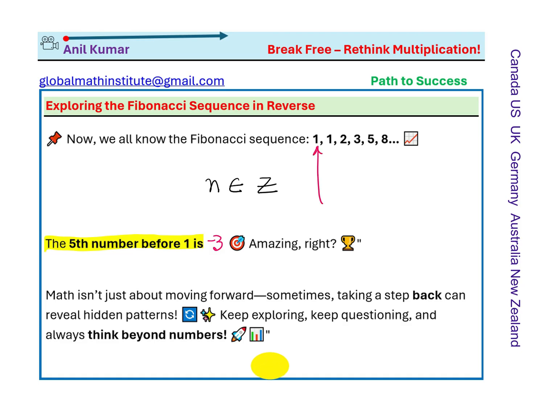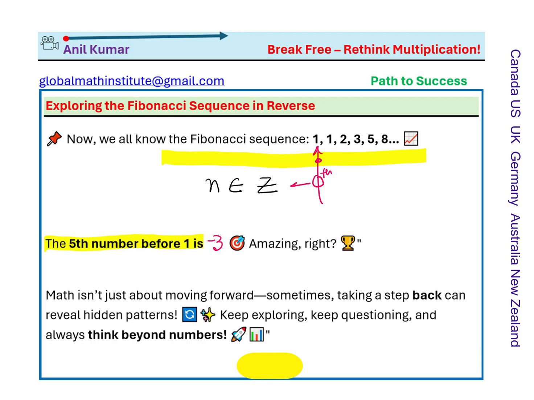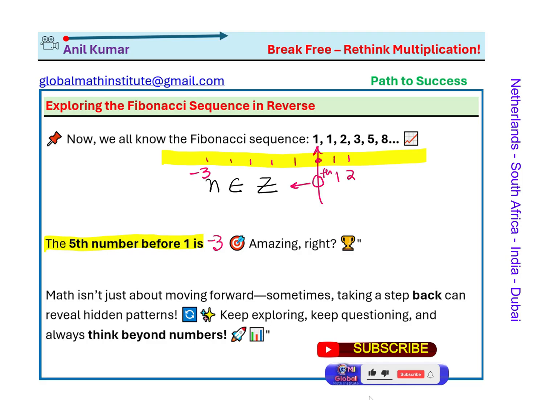So minus 3 was the fifth term on the left of 1. So we made 1 as our reference, right? So on this line, if you can let me look into it in a different way, we mark this term now as 0th term, correct? And then we move left. And first, second, third, fourth, fifth term was minus 3. Here, the first term will become now 1, the second will be 2, and third will be 3, right? Right. And then the fourth will be 5.